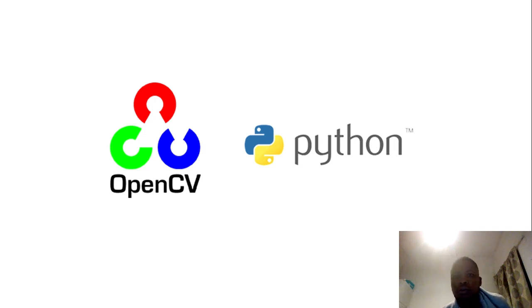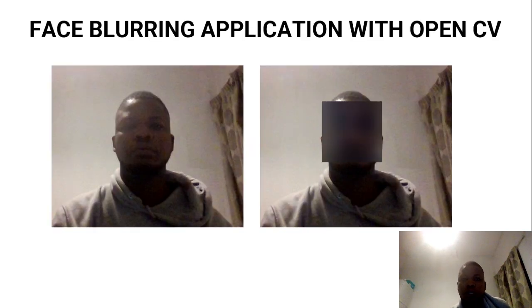So today we'll continue with another very interesting project, one that is quite practical, especially in the security industry. We will be looking at a face blurring application with OpenCV. It's a very easy project, but very useful too.